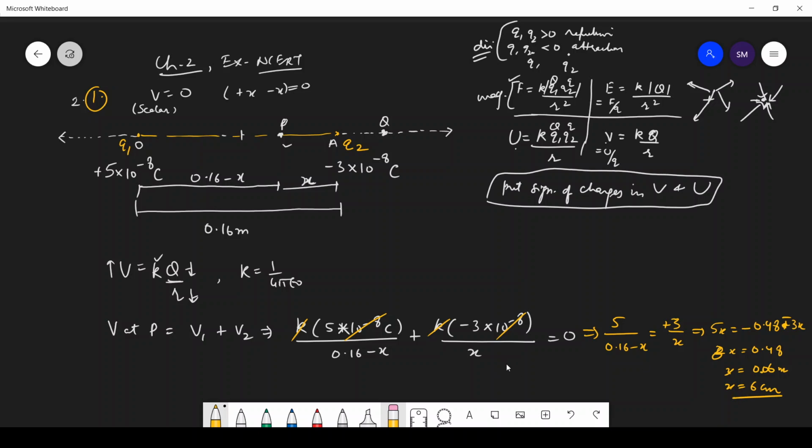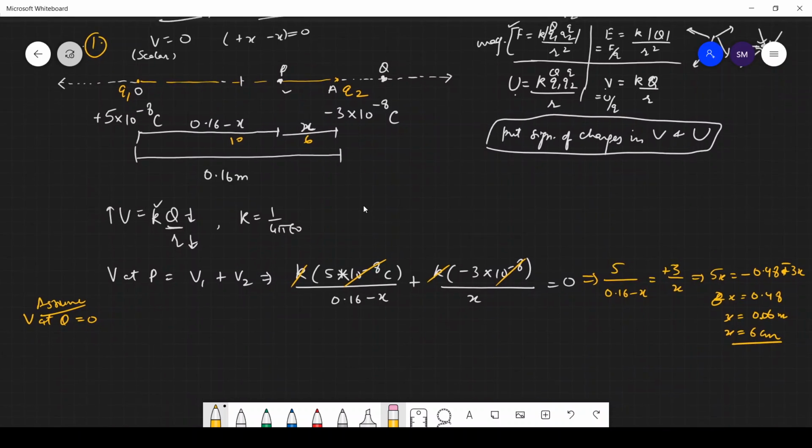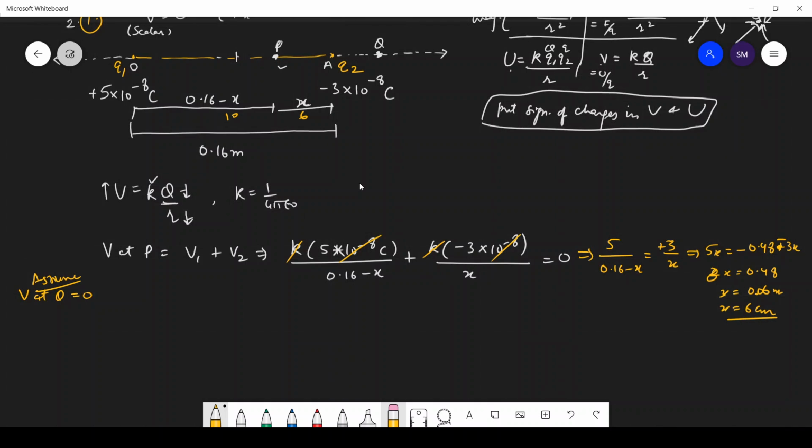I was telling you that yes, of course, this is 6 centimeter and this is 10 centimeter. Now what about V at Q? This is also 0. We are assuming it to be 0. And then we have to tell this distance, how much is AQ.